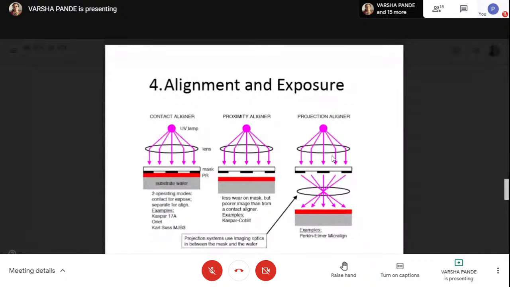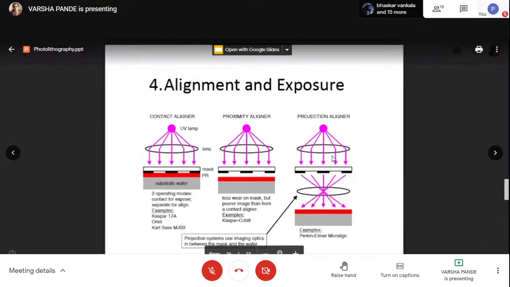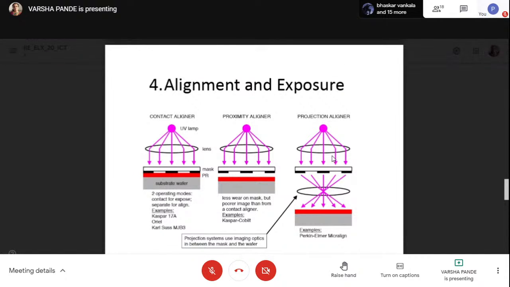After this, the overall setup, the mask and the photoresist below it, are exposed to ultraviolet light. What is the drawback of the first system? As we place the mask above the photoresist making direct physical contact, at the time of removing the mask there can be a problem: the mask may tear or break, or get damaged.